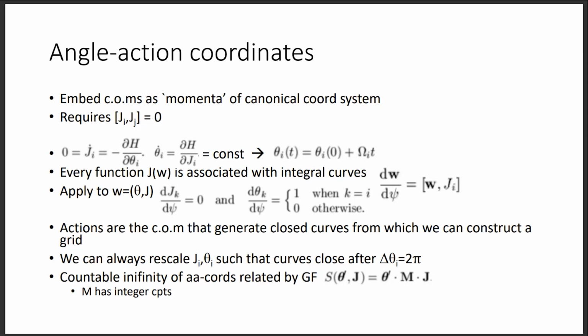And what makes them special is that they draw these curves that close on themselves. And then these curves are going to form a nice network coherently, which we can use as a coordinate system to tell us where we are on the surface of constant j. So that when somebody tells you that this star is at location theta, theta, j, j, you will be able to pinpoint the exact place in phase space where it is.